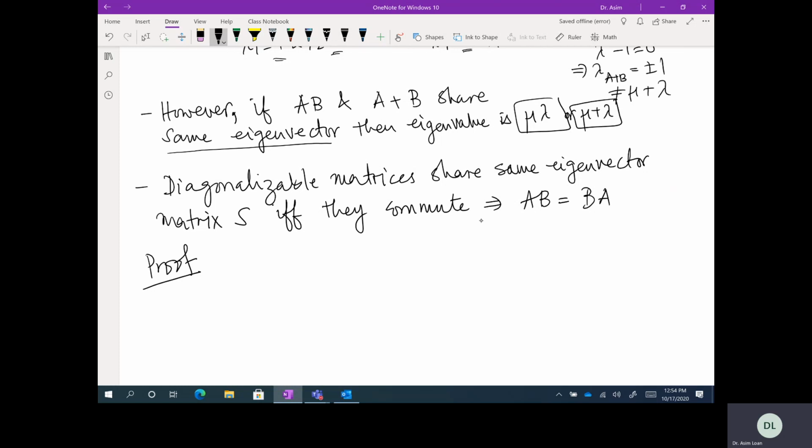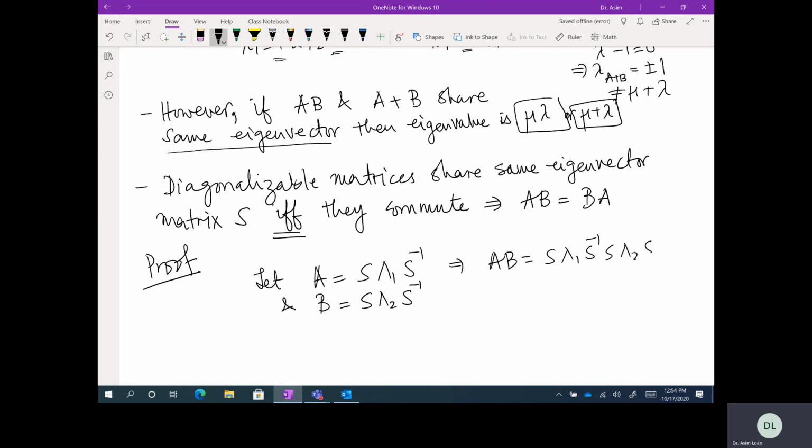Since this is an if and only if, we have to prove both ways. Let A equal S lambda 1 S inverse, so they share the same matrix, and B equals S lambda 2 S inverse. This implies AB equals S lambda 1 S inverse S lambda 2 S inverse, which is S lambda 1 lambda 2 S inverse.